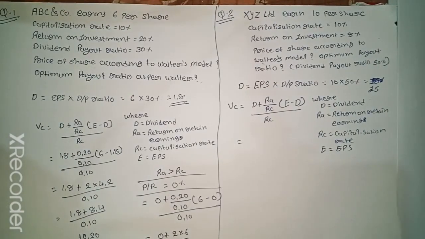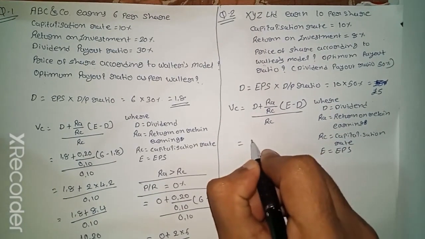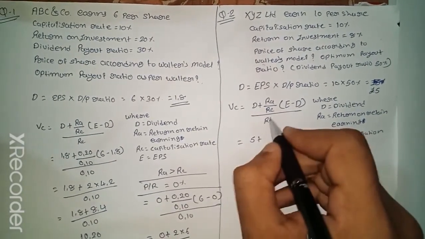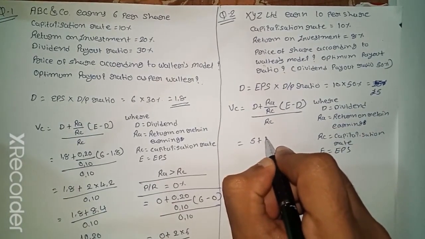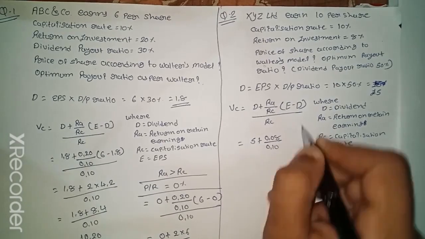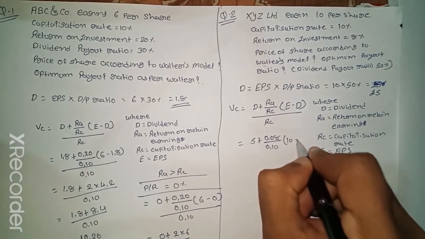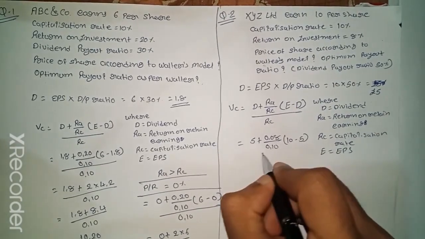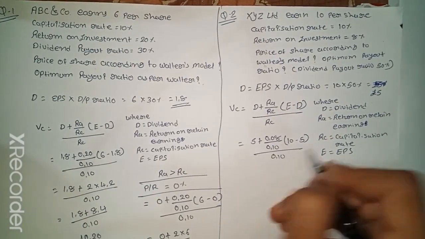We calculate price of share by using Walter's model. So here dividend 5 rupees, return on investment 0.08, required return 10%, earning 10 minus dividend 5, whole divided by 0.10.